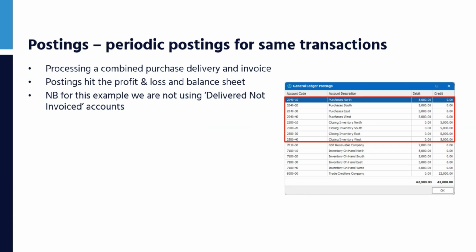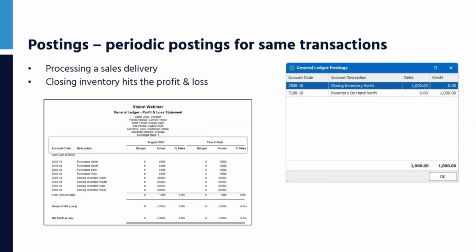And you'll see that profit and loss accounts are hit. I'm getting my purchases and closing inventory accounts hit, so they kind of offset each other and balance to 0. So my gross profit at that point in time is still 0, all things being equal. And then there's a bunch of balance sheet accounts that are also hit as a result of that transaction as well.